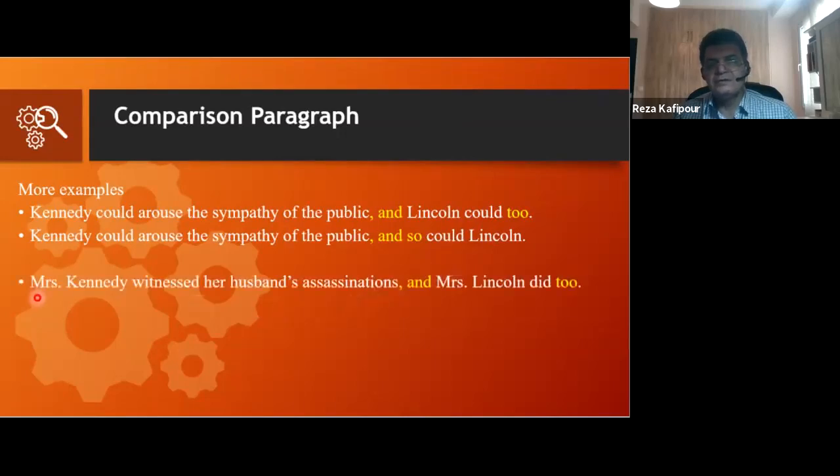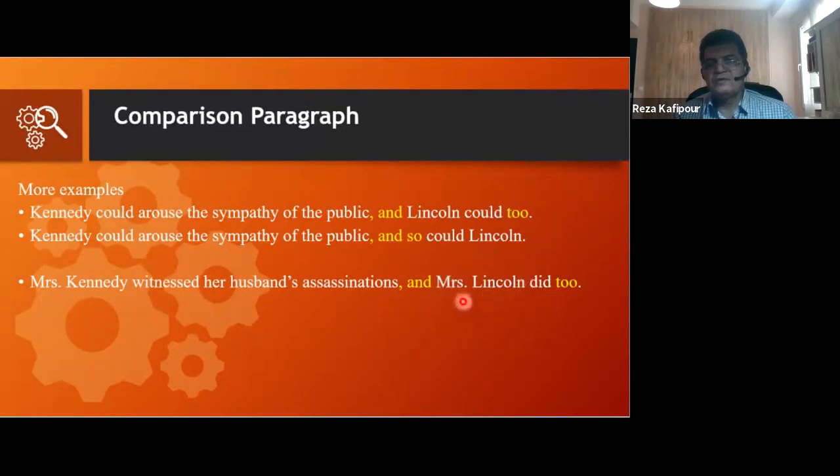Another example, Mrs. Kennedy witnessed her husband's assassination, and Mrs. Lincoln did too. As the sentence is in simple past, the auxiliary verb that we should use in this structure would be did. So we are just talking about how to select the appropriate auxiliary verb for the second part of the sentence.